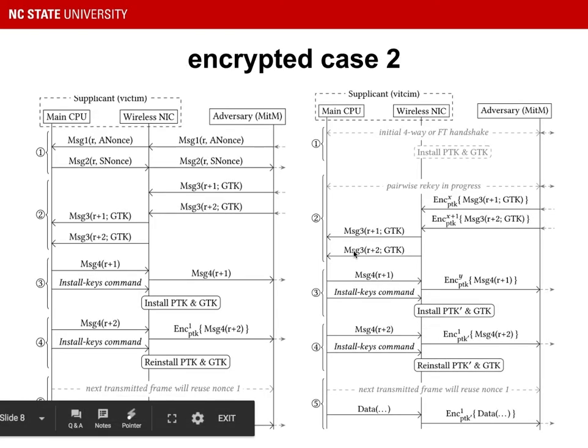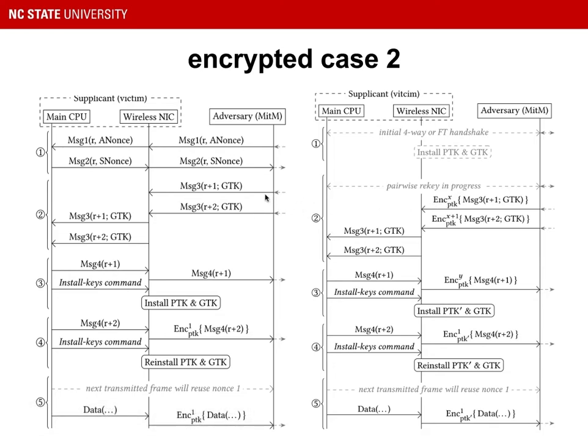So after the NIC successfully installed the PTK and GTK, and before it started to block regular message 3, another regular message 3 already in the system was processed by the CPU, and the CPU already initiated an install key command, forcing the wireless NIC to reinstall the new PTK and GTK before starting to block regular message 3.